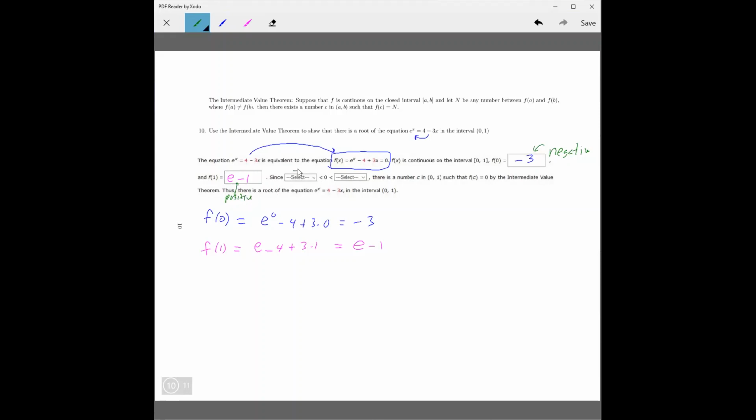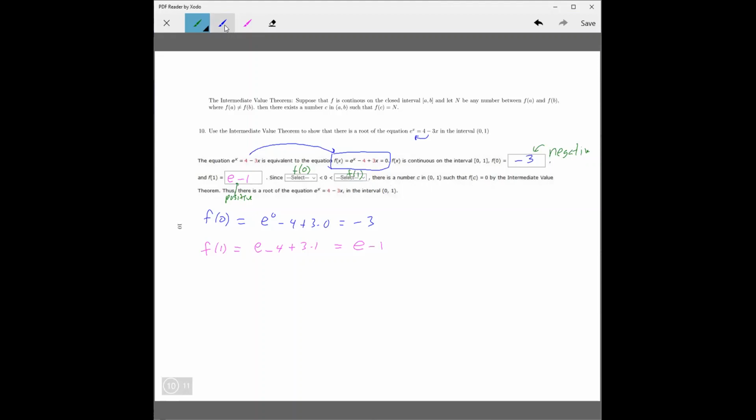F of 0 is negative. F of 1 is positive. So f of 0 here, f of 1 there. So by the intermediate value theorem, there's a number c such that f of c equals 0. And that gives it to you.